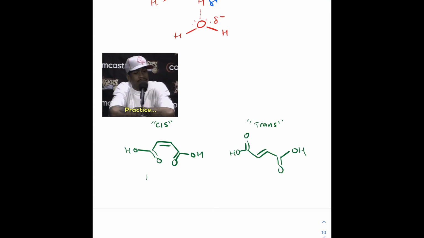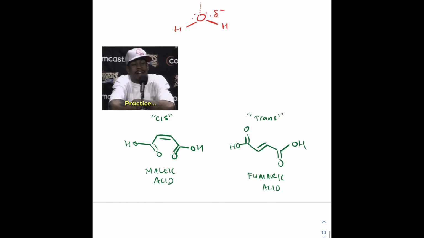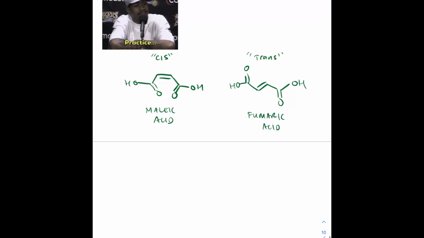So this is maleic acid, and this is called fumaric acid. The interesting thing about these is they have more or less the same functional groups, but they are three-dimensionally different, right?